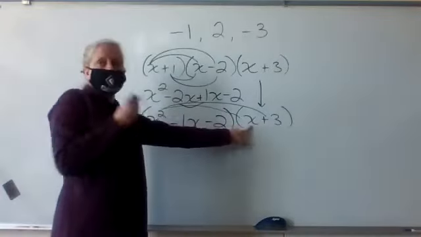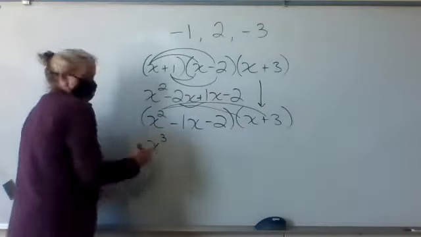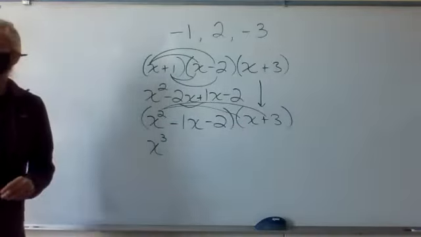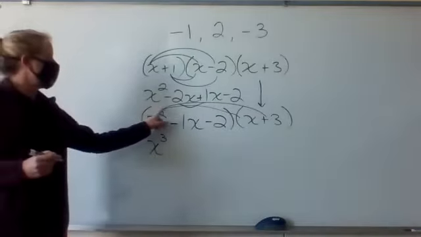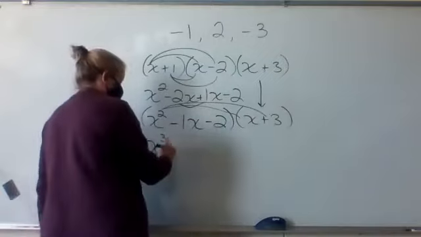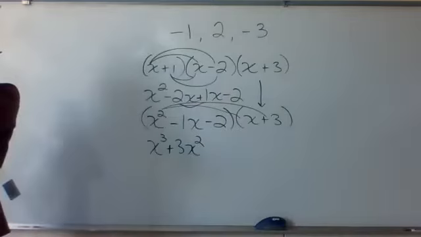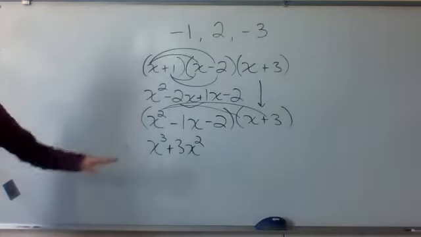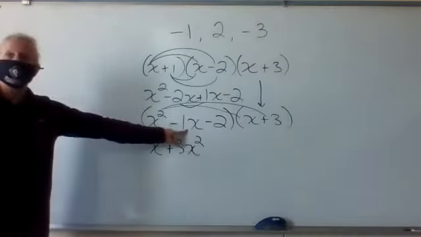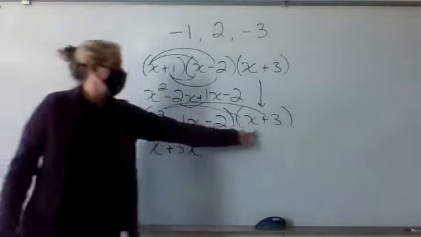X squared times x gives me, there's my x to the 3rd. X squared times positive 3 gives me positive 3x squared. So I'm done with the x squared. Now I'm moving to this. I'm going to distribute it to both of these.